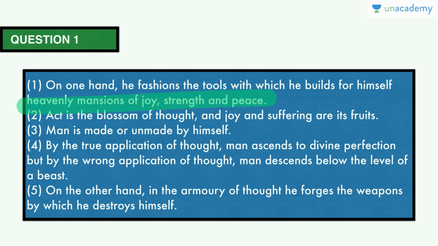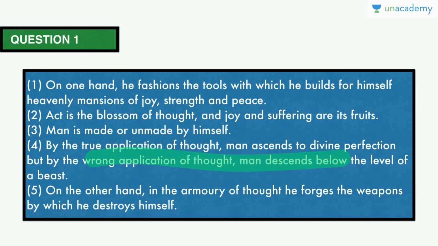And sentence 2 is also talking about something related to it. Act here, I think, means action, that thought leads to action and actions lead to joy or suffering. By the true application of thought, man ascends to divine perfection, but by wrong application of thought, man descends below the level of a beast.